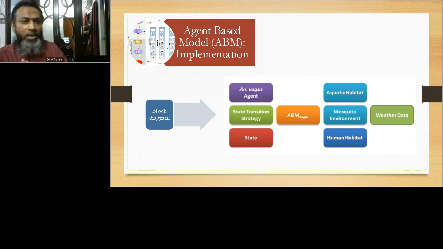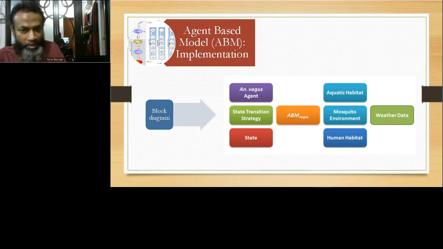And as I was mentioning in a previous slide, all the agents will follow the rules. They will interact with the environment. That is, they have aquatic habitat, they have human houses, they have a mosquito environment, because mosquitoes will be going through their life cycles at different stages, that is larval, pupal, and then immature adult and adult stages, and so on.